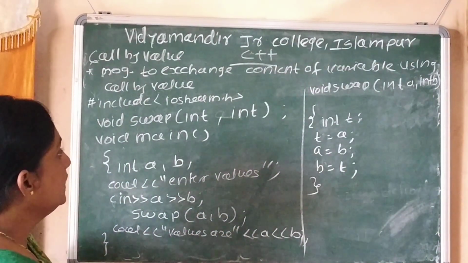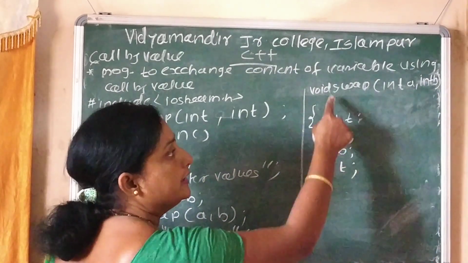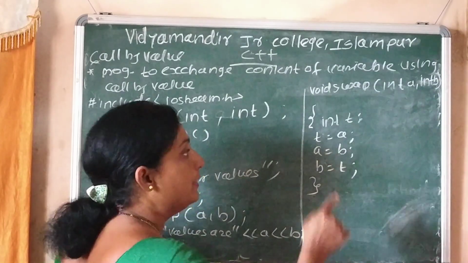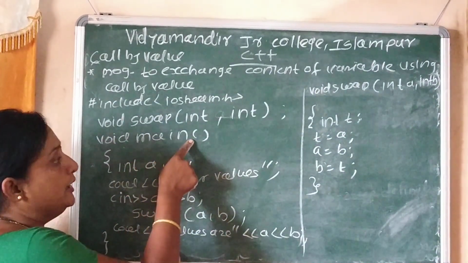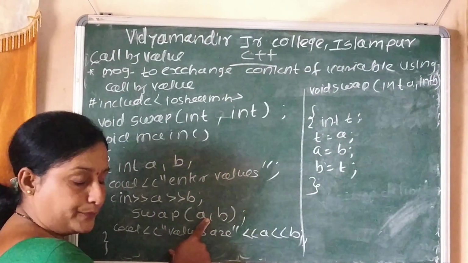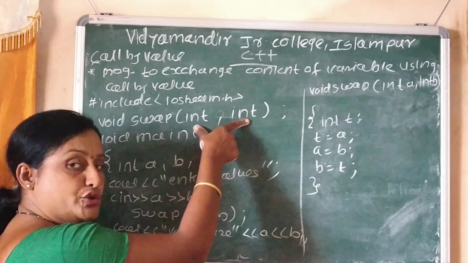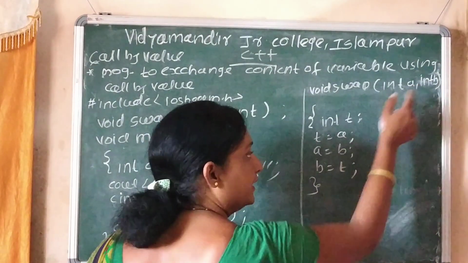Here, when a specific portion of a program runs the function, at that time the control transfers from the main function to the calling portion. At the same time, the value of the actual argument is copied to the formal argument.